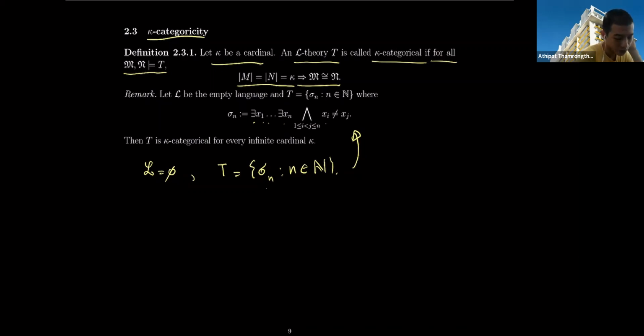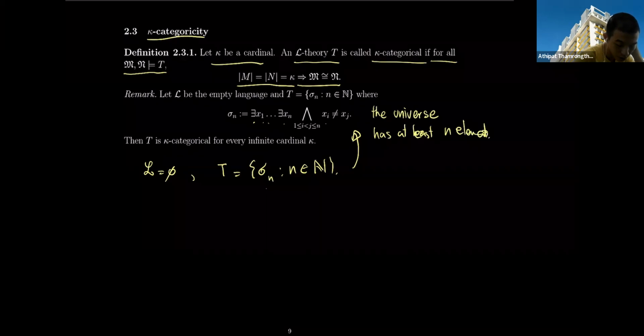Okay, so what does this one mean? It means that if you have a structure that satisfies this property, the universe has at least n elements, right? Because there exist x1 up to xn that are distinct, these structures have at least n elements.